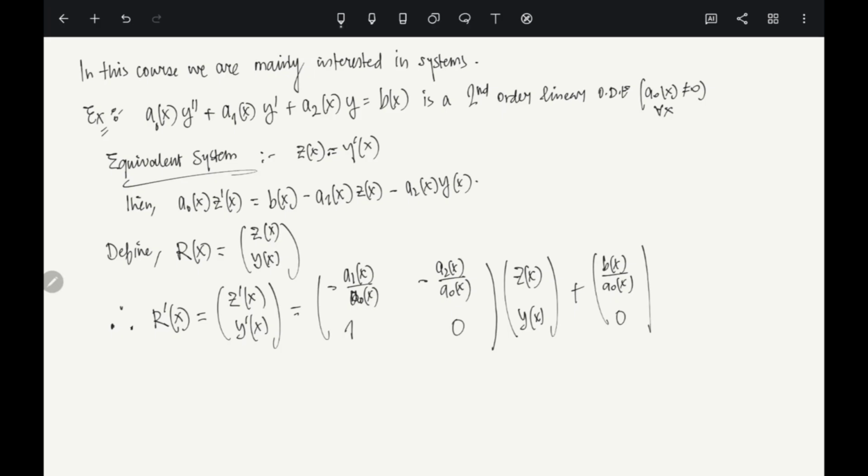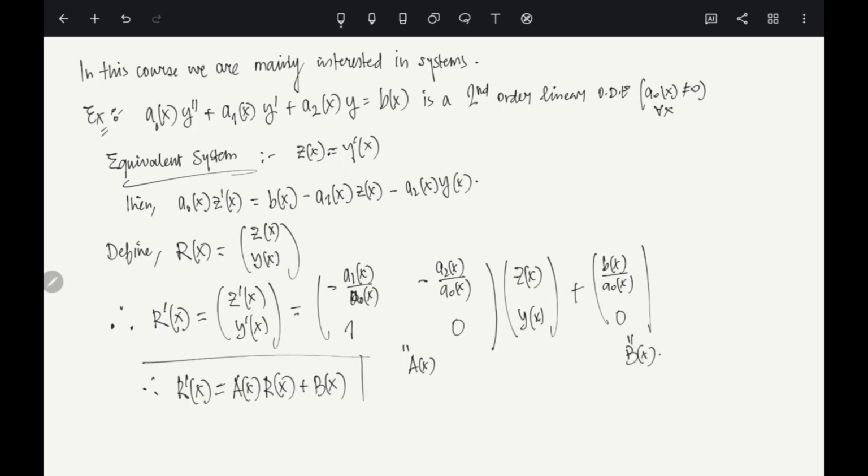So z prime of x is minus a1 of x by a naught of x times z, minus a2 of x by a naught of x times y, plus b of x by a naught of x, and y prime of x is nothing but z of x. Clear? Therefore r prime of x equals, let's call this matrix capital A of x, times r of x plus b of x. Let's call this thing capital B of x.